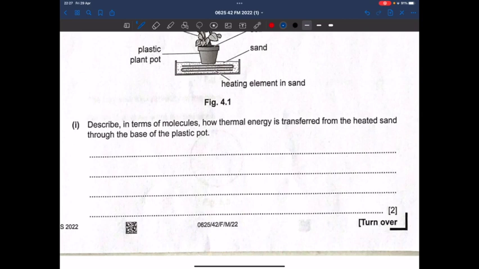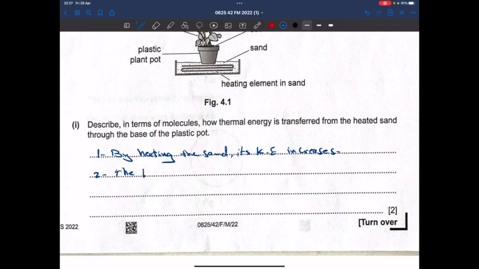So I could write it in points. Number 1, by heating the sand, its kinetic energy increases. The second part is the heat energy could transfer to the base of the pot.